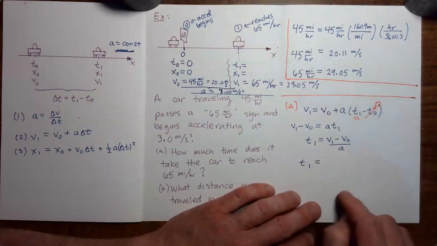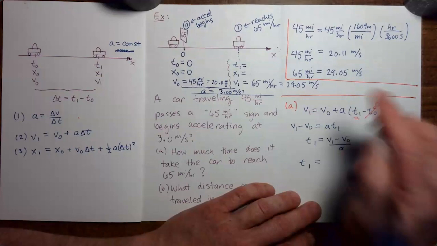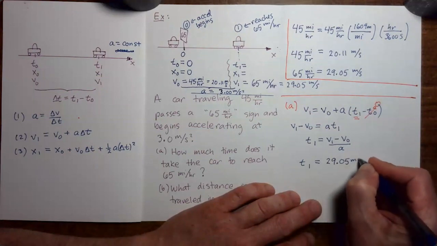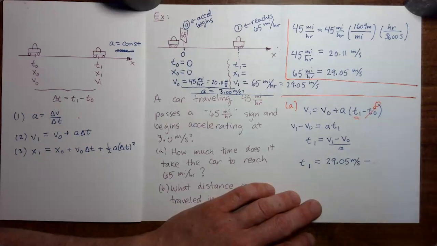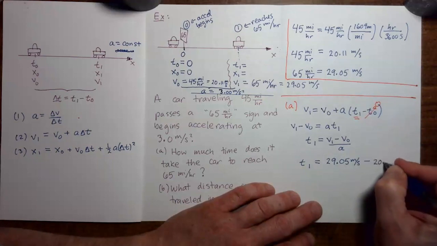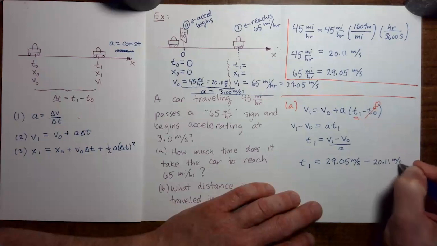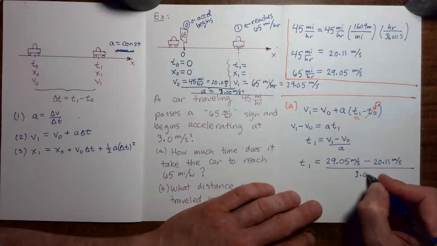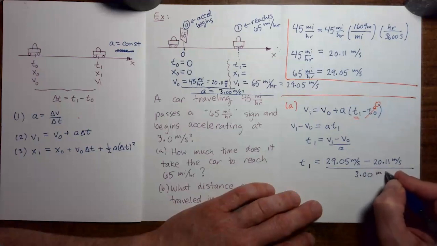Okay, so now we can substitute our values. v1 is 29.05 meters per second. v0 is 20.11 meters per second. Divide by the acceleration, 3.00 meters per second squared.